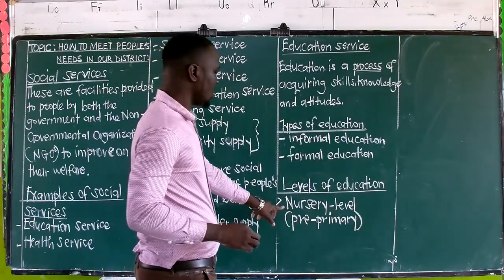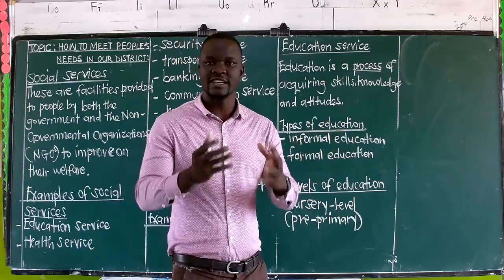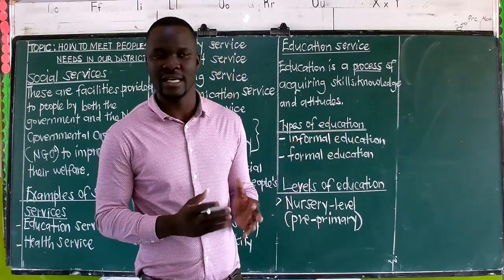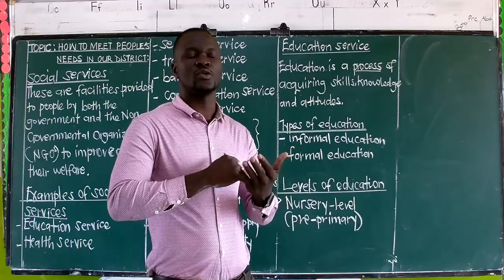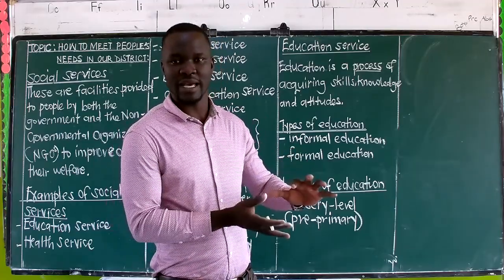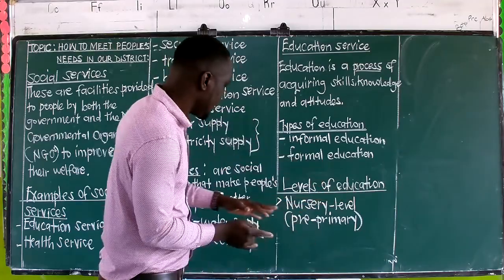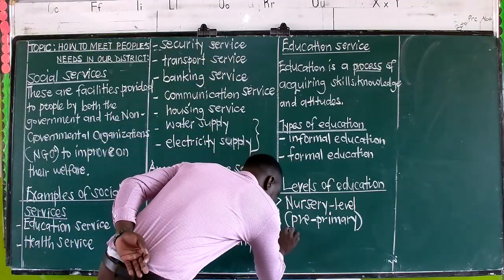So I'm sure we all finished this course. We even graduated when we were in the top class. That is graduating for us to come to primary 1, which means we were saying bye-bye to that nursery level. Now we are in the primary level.